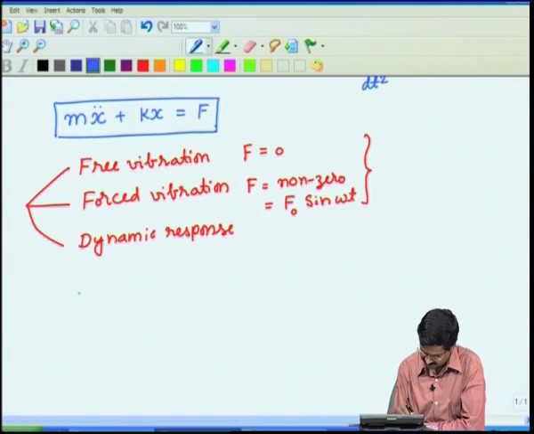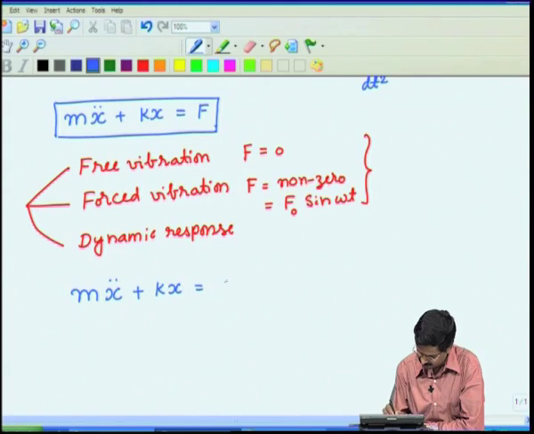So, we go back to the equation m x double dot plus k x is equal to 0. We are considering the case we call free vibration, where there is no force.